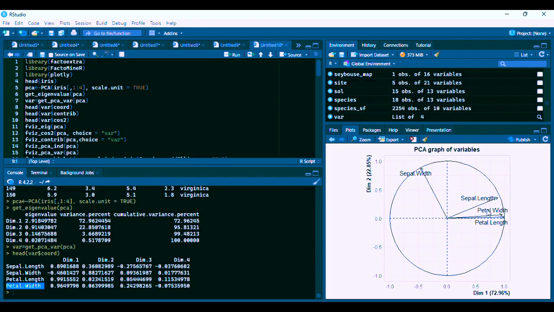When variables point in the same direction, this means they are highly and positively correlated. Variables pointing in the opposite direction, for example in the negative coordinate of the first component, are negatively correlated with the variables pointing in the positive coordinates.